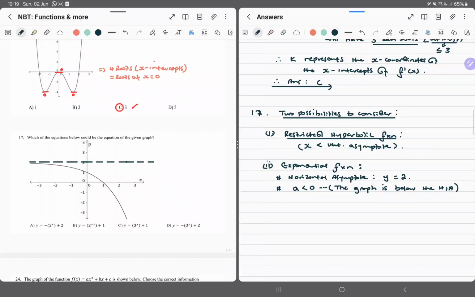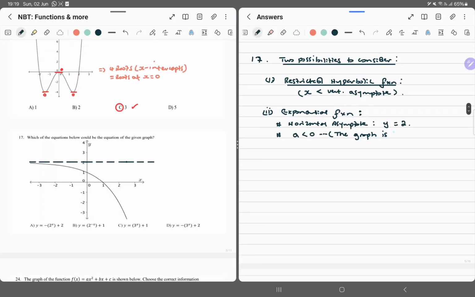So when the graph is below the horizontal asymptote, the a value is less than 0. Okay, all right, okay.